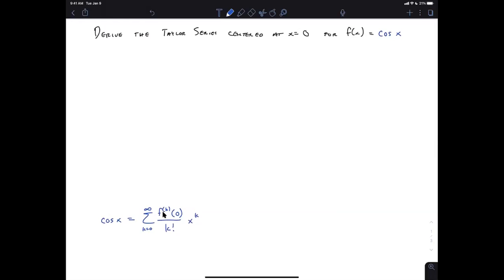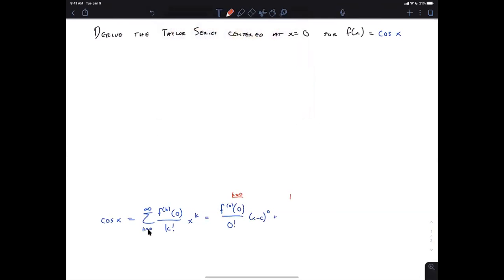So we're going to say, okay, cosine x is equal to this. Now, I'm going to go ahead and write out what the expansion of that looks like. If I plug in k equals 0, that is f0 of 0 over 0 factorial times x minus c to the 0. We won't write this out every time, but that's what we get when k is 0.